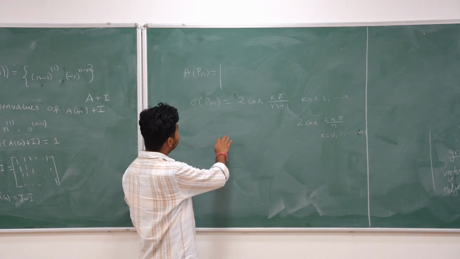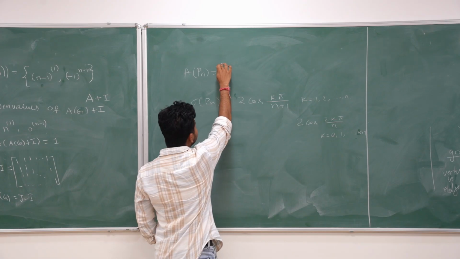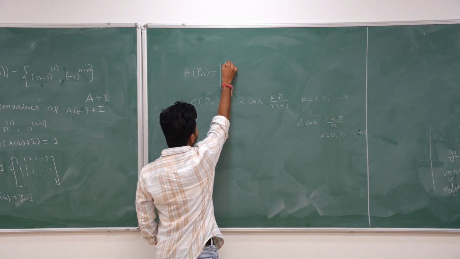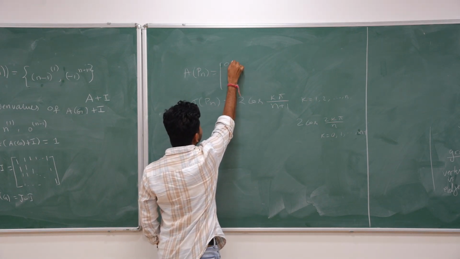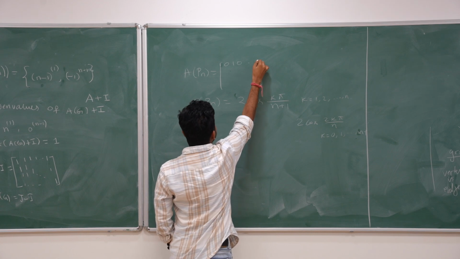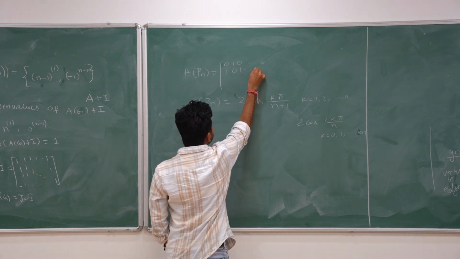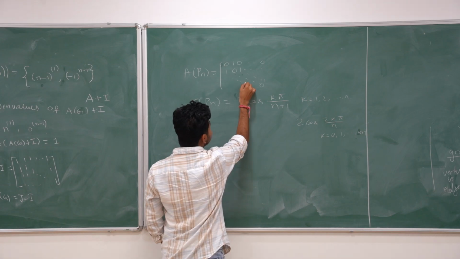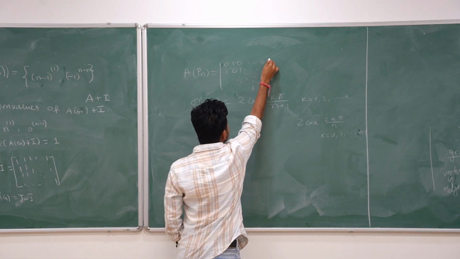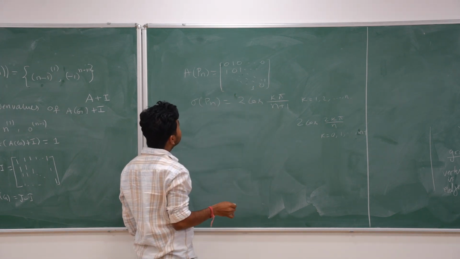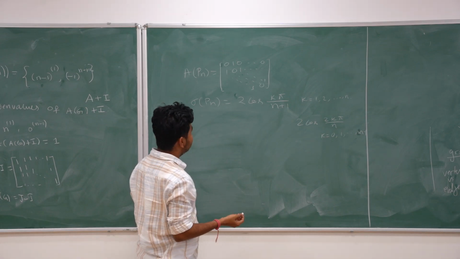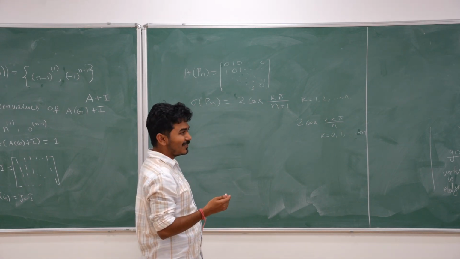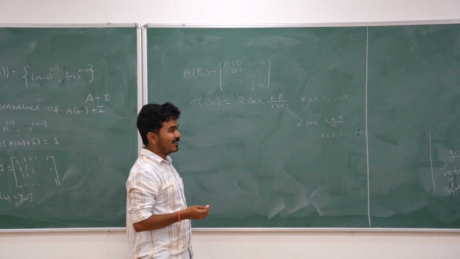So this is the eigenvalue, and we know that it's a tridiagonal matrix. Shall I explain how to find the eigenvalues of this? Yes, fine.